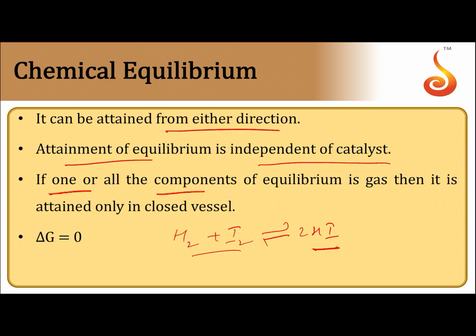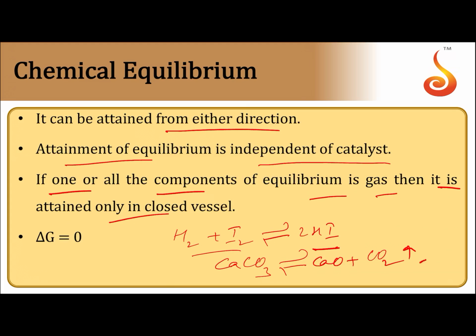If one or all of the components of equilibrium are in gaseous state, then equilibrium is attained only in a closed vessel. Suppose we take a reaction of calcium carbonate in equilibrium with calcium oxide plus carbon dioxide. In an open vessel, the carbon dioxide gas escapes and thereby the backward reaction cannot take place because one of the products is not there.